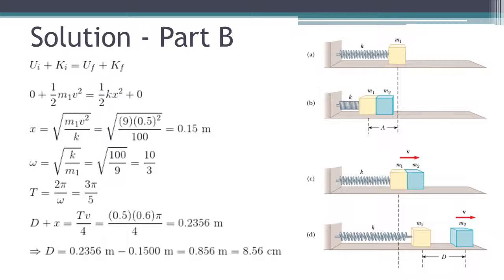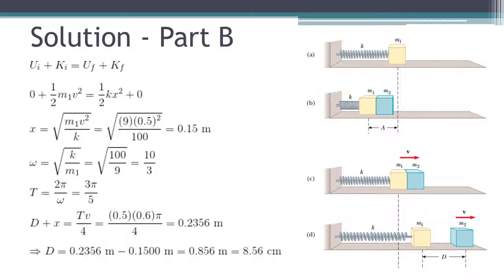And in this particular situation, we have k equals 100, and the mass that we're considering is just m1, because only block 1 is attached to the spring now. So we got omega equals 10/3, which means that the period of the oscillation of the spring with block 1 attached is 2 pi over omega, which simplifies to 3 pi over 5 when we substitute in the value for omega.